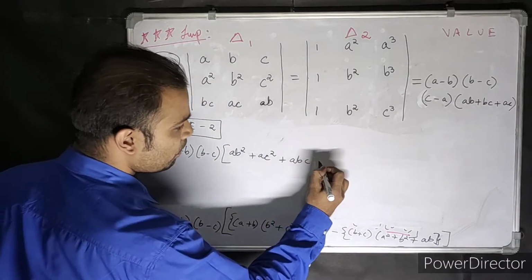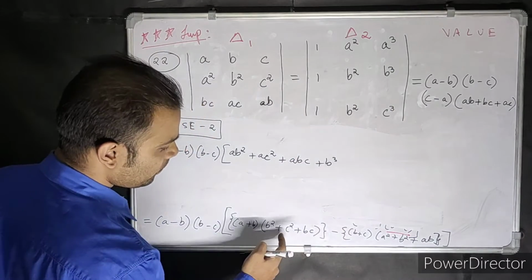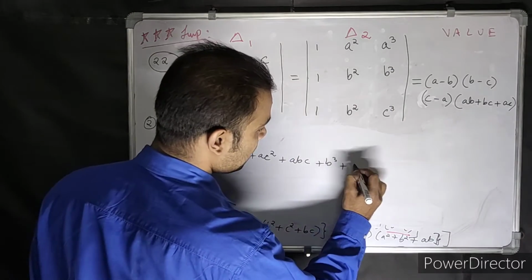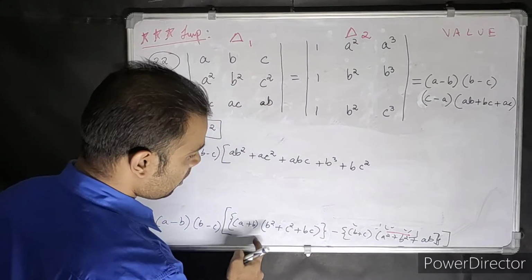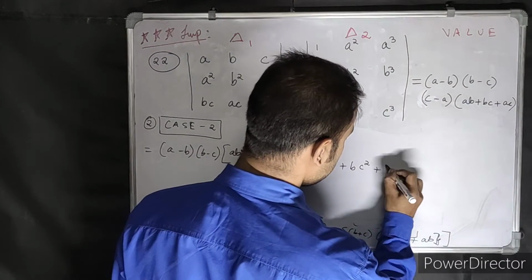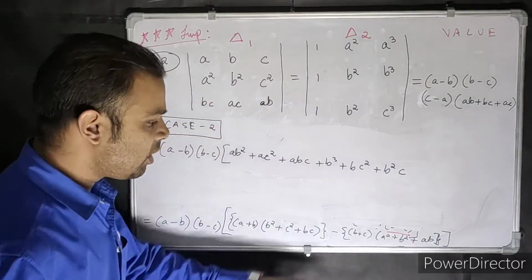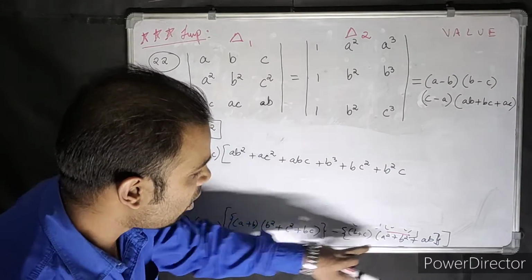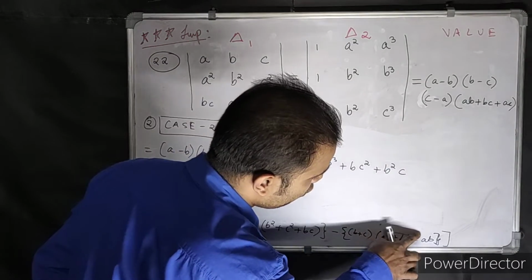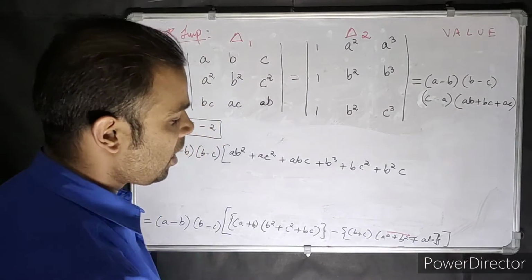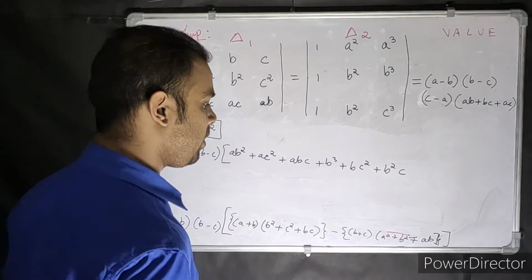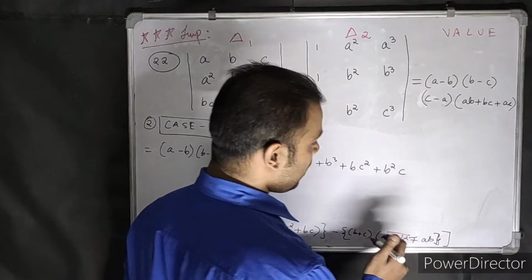Then b cube plus b cube. Then bc square plus bc square. Then b square c plus b square c. Now when you multiply all these terms, if you don't open the bracket, they are all positive. But if you open the bracket, they all become negative. So write them all in negative.